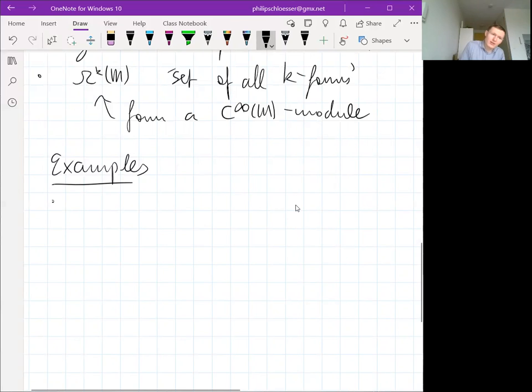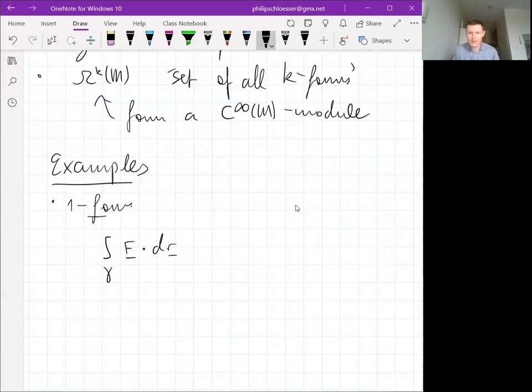As an example, for one forms, if we have a line integral over a one-dimensional submanifold in essence, written like that, for example. This is usually evaluated by saying that gamma is some curve, meaning some smooth function from the interval 0, 1 into our manifold.